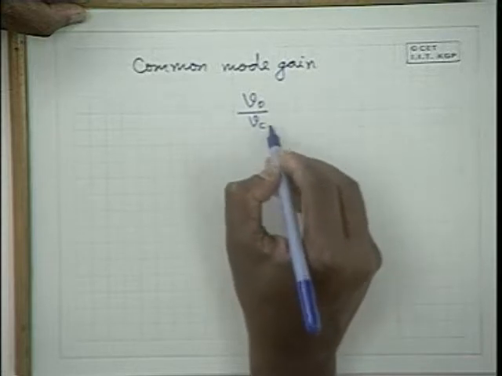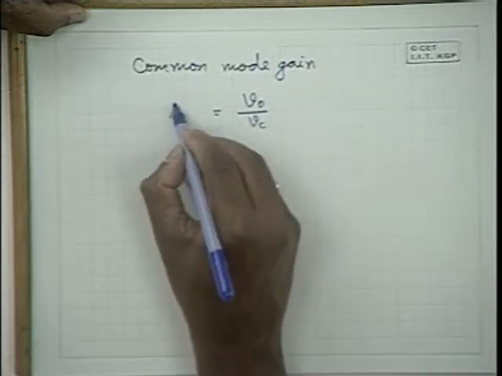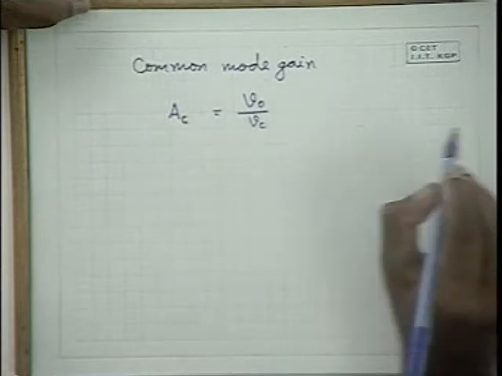So, whatever output you get is a result of the common mode signal itself, and the output divided by the input common mode signal is defined as the common mode gain.